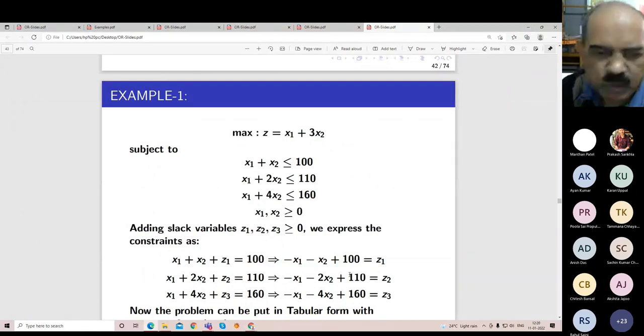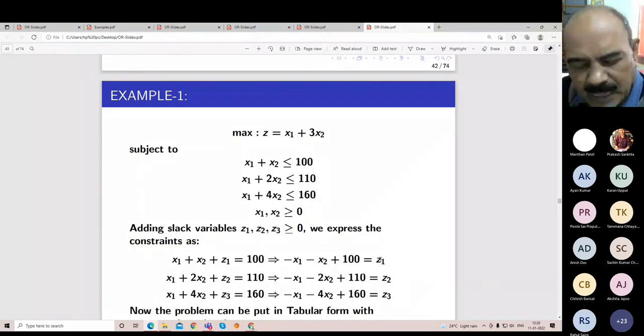From these three equations, what do you observe? Z1, Z2, Z3 are the basic variables, and x1, x2 are presently the non-basic variables. These basic variables are linear functions of the non-basic variables.